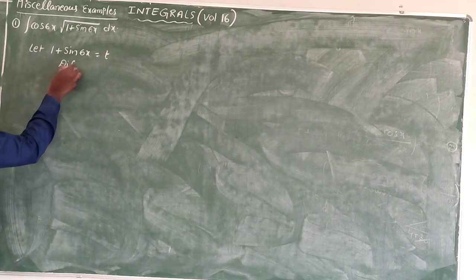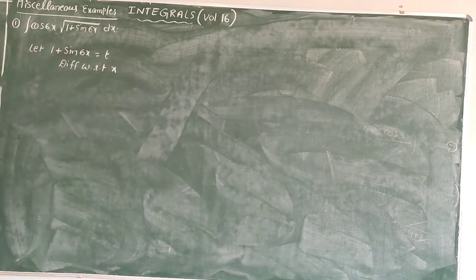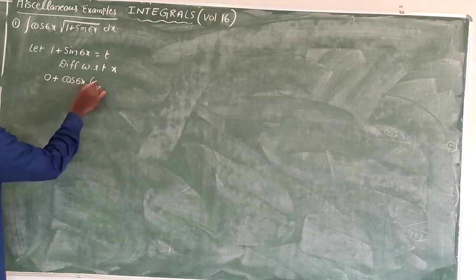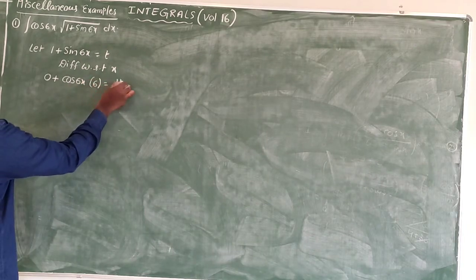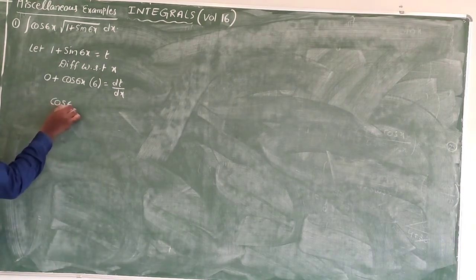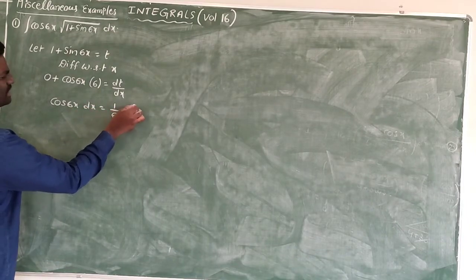Now differentiate with respect to x. The derivative of 1 is 0 because it is a constant. The derivative of sin 6x is cos 6x into the derivative of the inner function 6x, which is 6, that equals dt by dx. Now cos 6x into dx equals, 6 coming to this side, 1 by 6 dt.